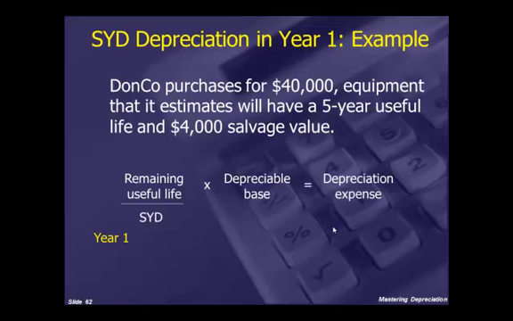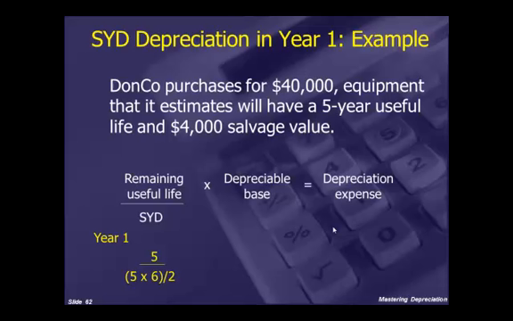So here we have a situation with Donco, which purchases equipment for $40,000 that it estimates will have a 5-year useful life and a $4,000 salvage value. So with a 5-year life, at the beginning of year one, we have 5 years that remain. So you're going to put 5 in the numerator and divide it by n times n plus 1 divided by 2.